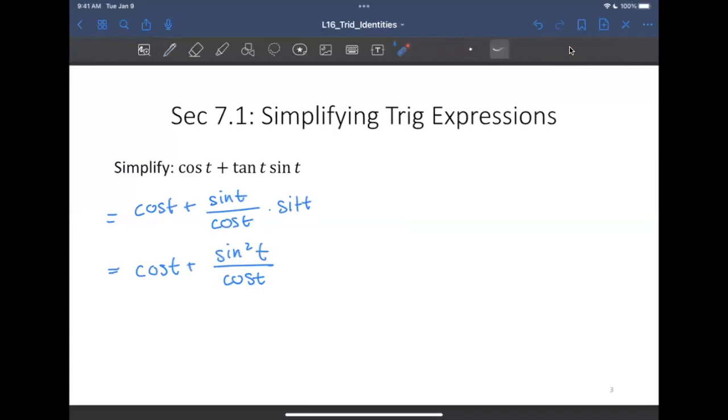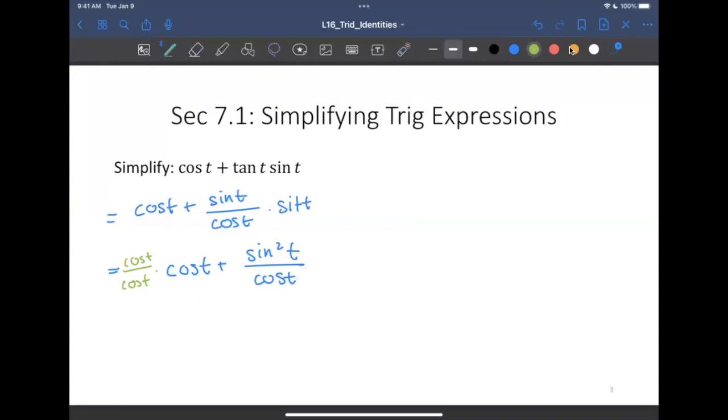If I want to add these two expressions together, I have to make this a fraction with the same denominator as cosine t. So that means I'm going to multiply it by a special 1. That special 1 is going to be cosine t over cosine of t.